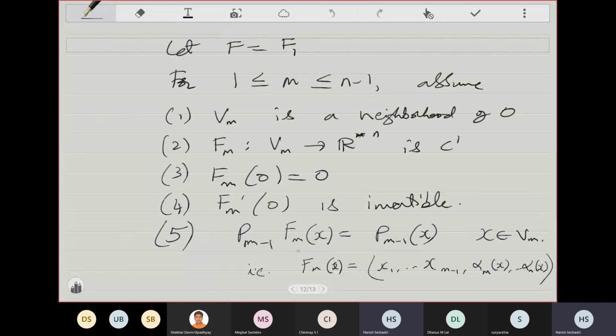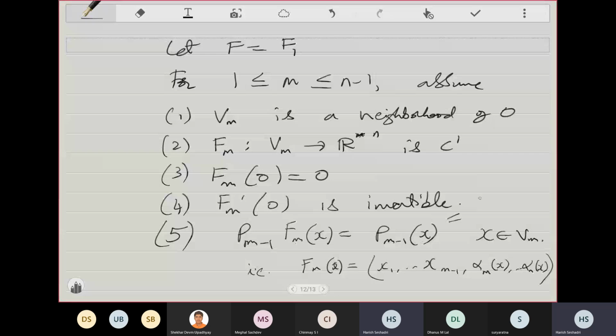The fifth point is just that it's an assumption. It's an inductive hypothesis. The assumption is that the first m minus 1 component functions of Fm... after all, what is P_{m-1}x?